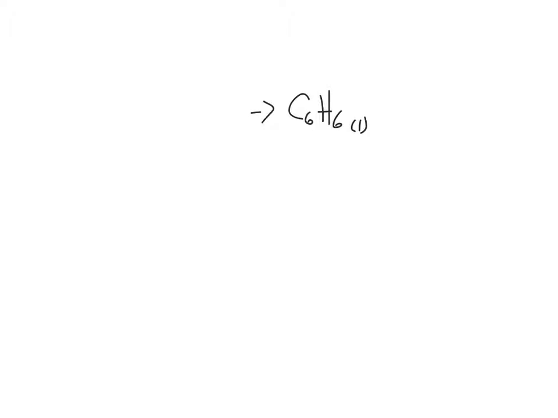Benzene is a liquid. All right. What elements make up benzene? Carbon and hydrogen. Carbon. How do you write hydrogen as an element? H2. Oh, good. So balance that.